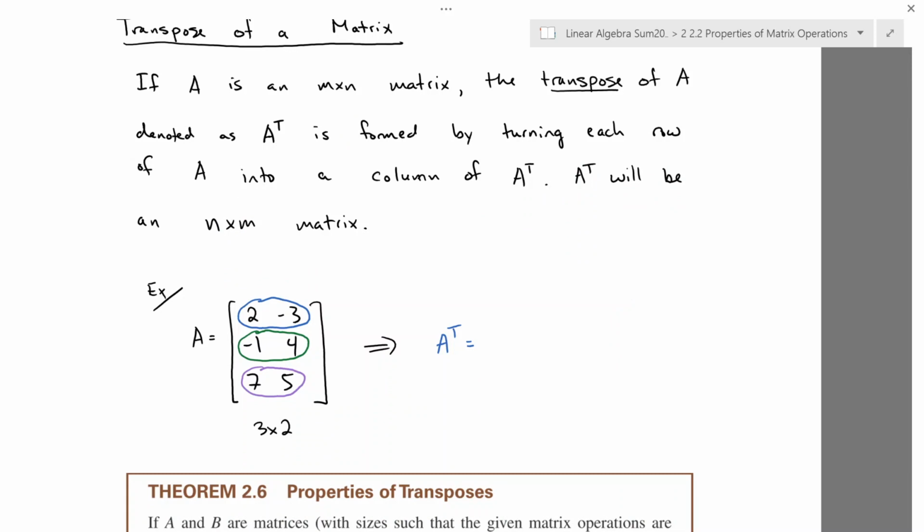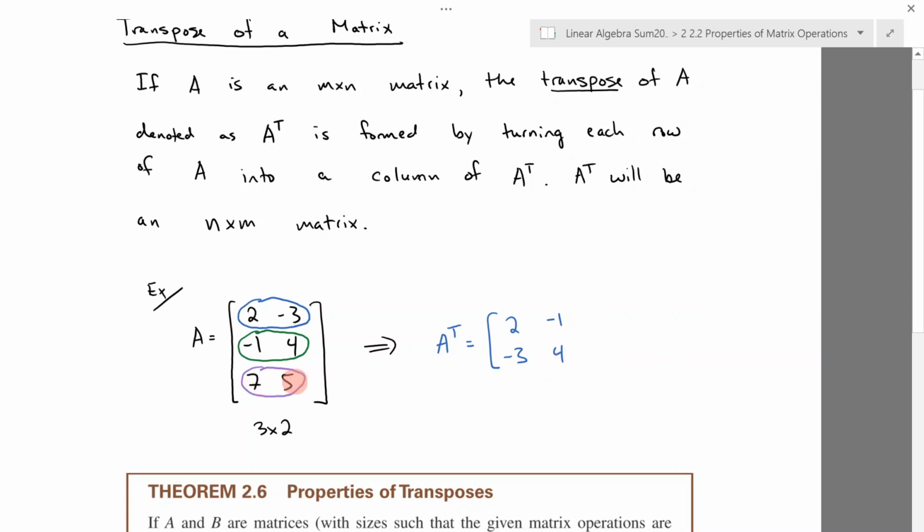Okay, so for example, in this matrix here, I'm starting with a 3 by 2 matrix. This first row, which consists of 2 and negative 3, turns into a column, 2 and negative 3. The second row, negative 1 and 4, turns into the second column, negative 1 and 4.